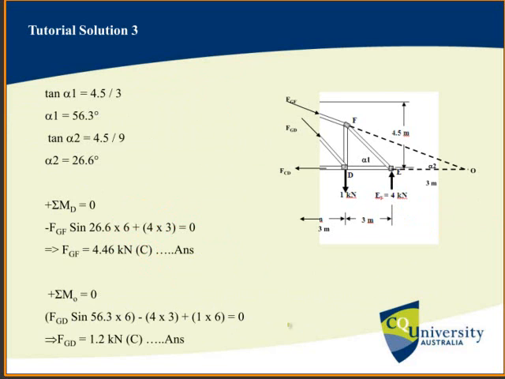Now if you assume the angle at point E equal to alpha 1 and the angle at point O equal to alpha 2, just apply the trigonometry. Tan alpha 1 equal to 4.5 by 3.